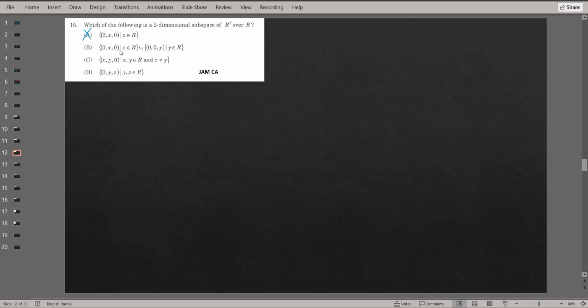Option C: (0, x, 0), x belongs to R, union (0, 0, y), y belongs to R. This is not a subspace because (0, 1, 0) and (0, 0, 1) belong to B, but their addition (0, 1, 0) plus (0, 0, 1) equals (0, 1, 1), which does not belong to B. So it is not a subspace, so it cannot be true.